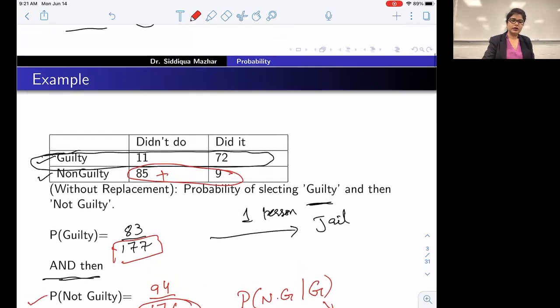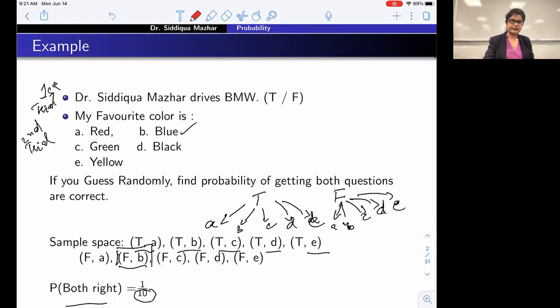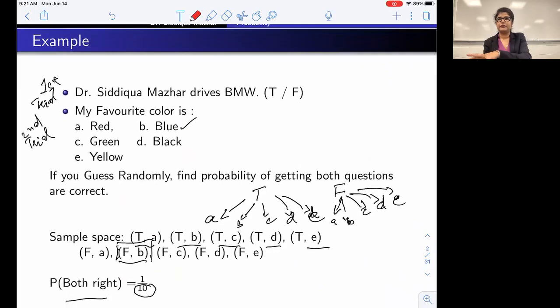But when you look at the first example, whether I'm going to drive a BMW or what is my favorite color, these are two different experiments. Do these two choices have anything to do with each other? There is no effect on it. Finding whether I'm driving a BMW has no relation with what is my favorite color.